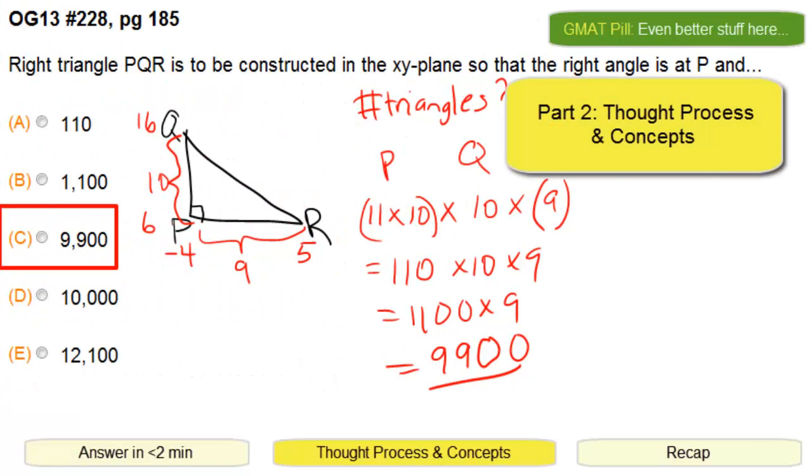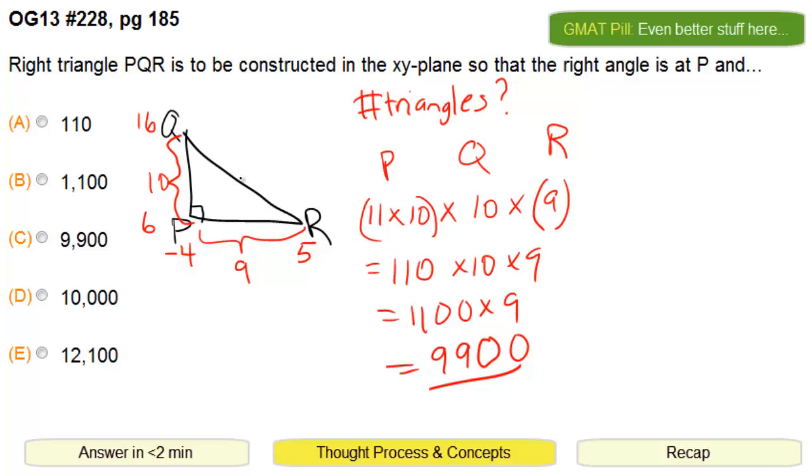Okay, so there's a lot going on here. Let's take a look at some concepts. We're basically integrating coordinate geometry with probability. And with this coordinate geometry, we're given this grid area where the x-axis is between -4 and +5. That gives us a distance of 9, or a total of 10 points.